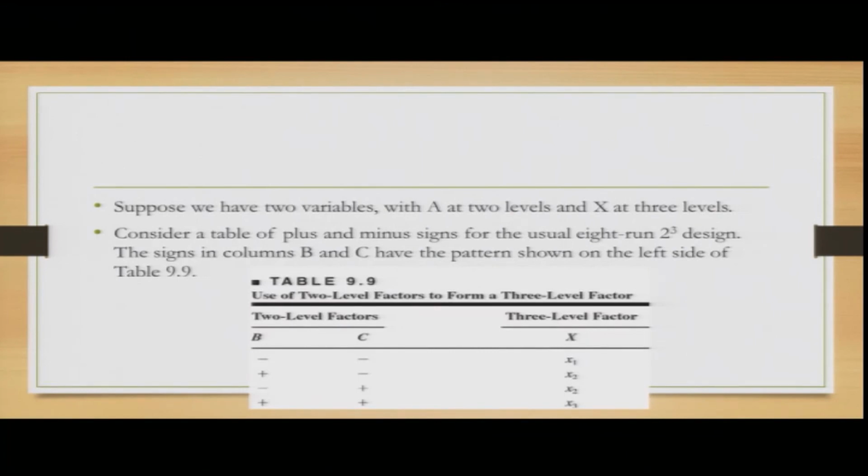Suppose we have two variables, A at 2 levels and x at 3 levels. So, we consider a table of plus and minus signs for the usual 8 run 2 to the power 3 design. The signs in the columns B and C have the pattern shown on the left side of the table, which is basically 2 factor levels. It will be B at minus level, C at minus level. Other combinations are B at high, C at low, and B at low, C at high.